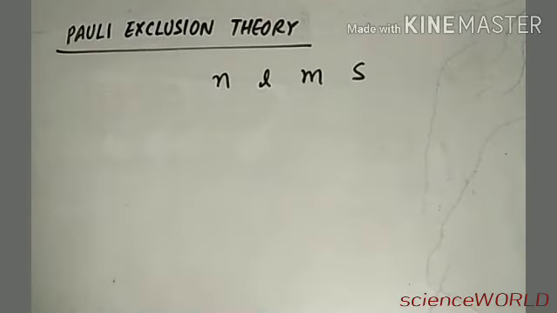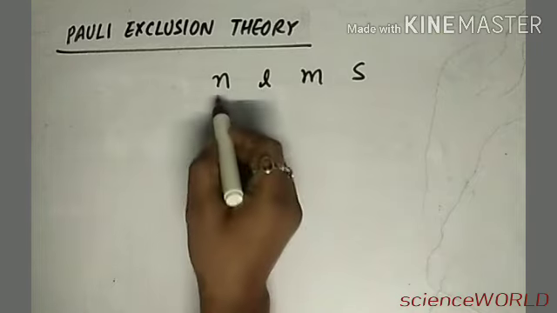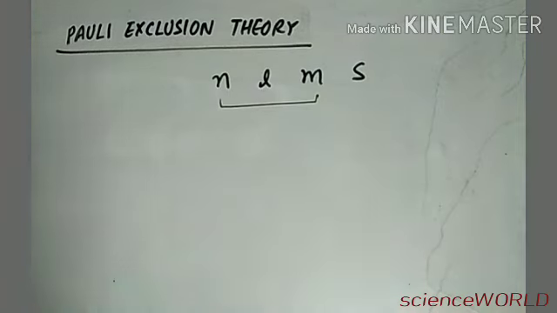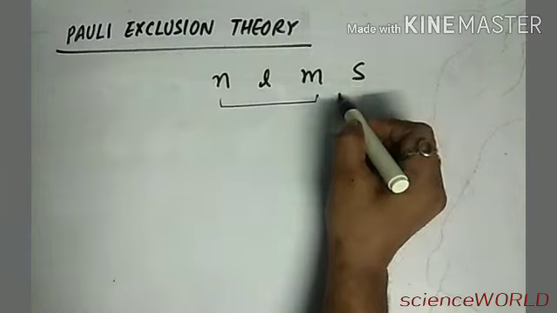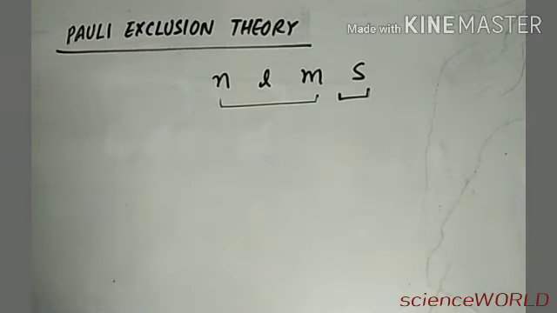So it is maybe possible that three of the quantum numbers are the same, but there is a variation in the other ones, that means the magnetic quantum number and spin quantum number will be quite different.